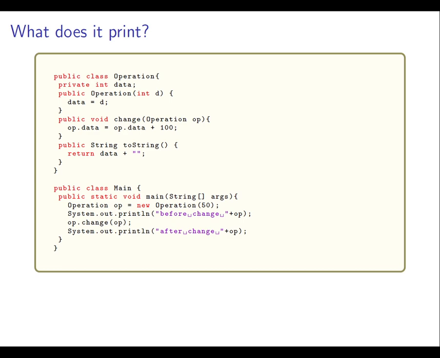Okay. Now have a look at this one. What's going on here? The key difference here is that we are making the change method of class operation take a reference to an operation object as its argument.